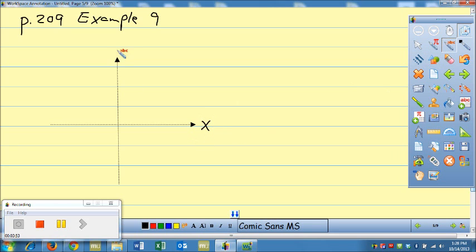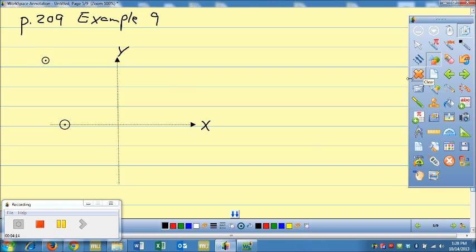Okay, here's x, here's y, and we have a couple of shapes here. Couple little balls or something. We've got one here, and we've got one out here.